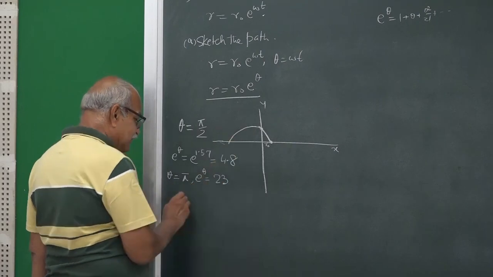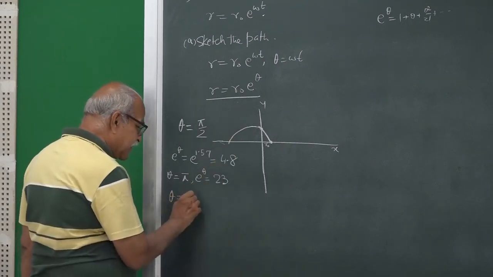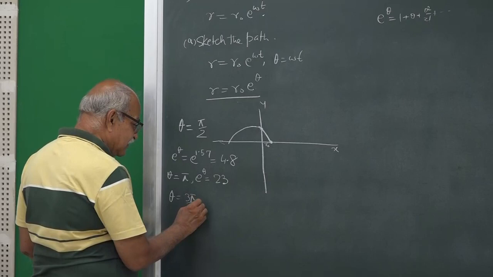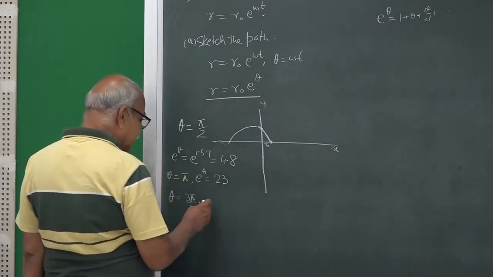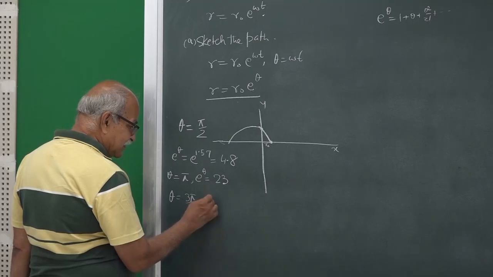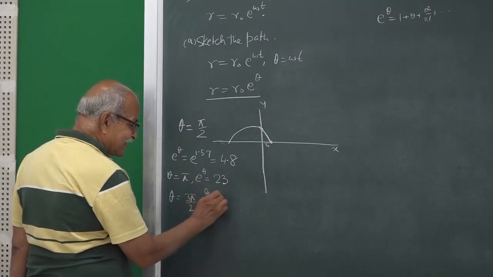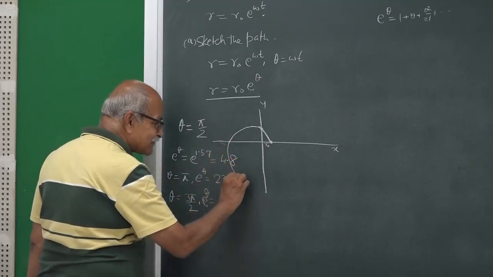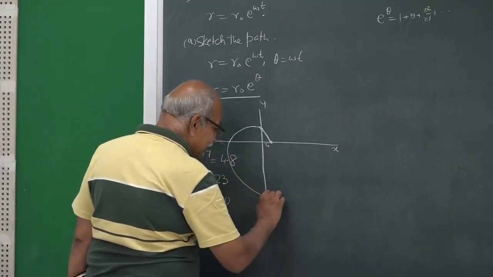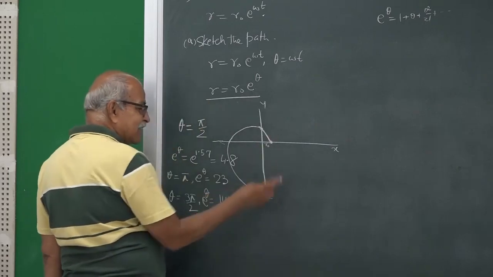And then when theta is 3 pi by 2, e power theta is 110. So, it ever increases, and this is 110 times this R naught.